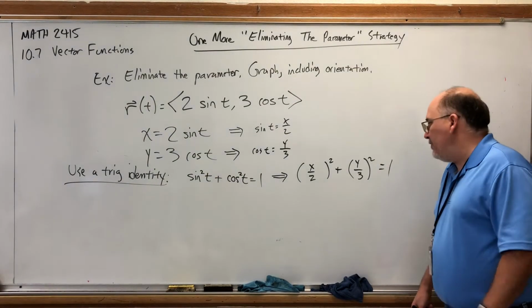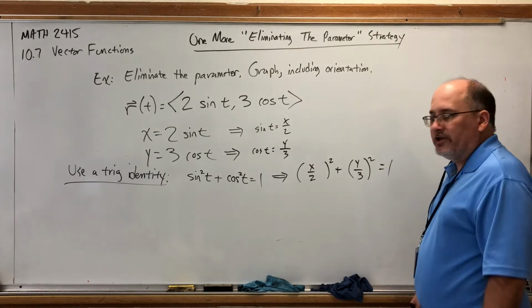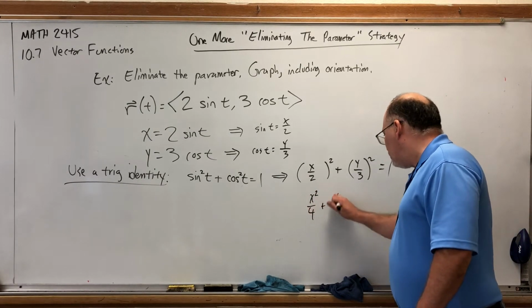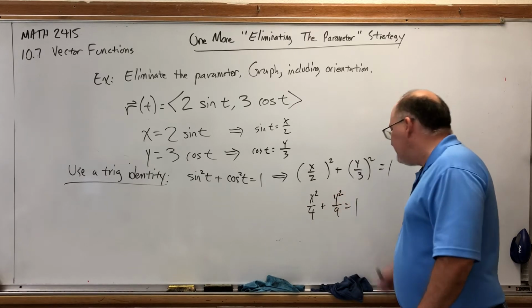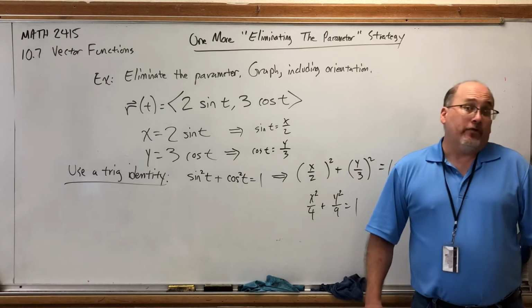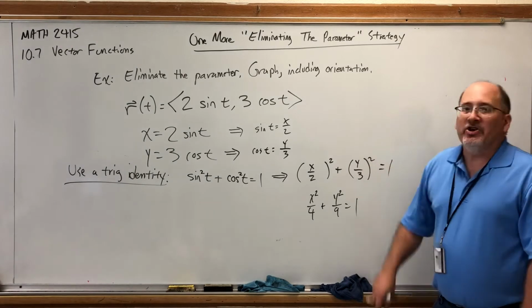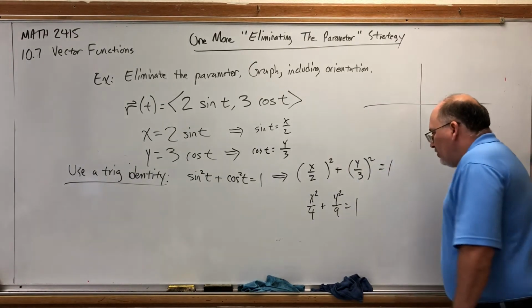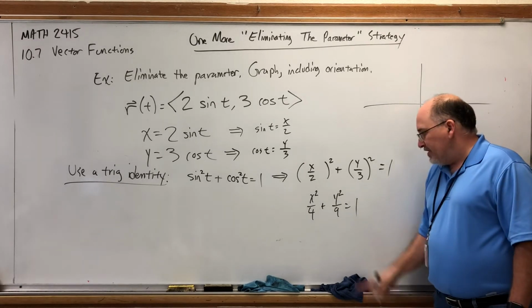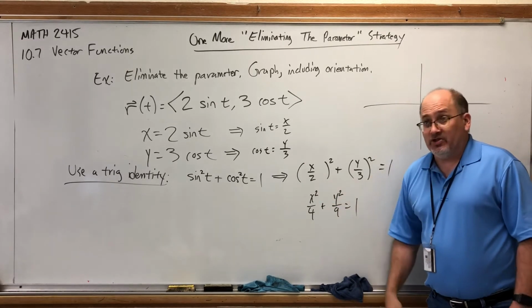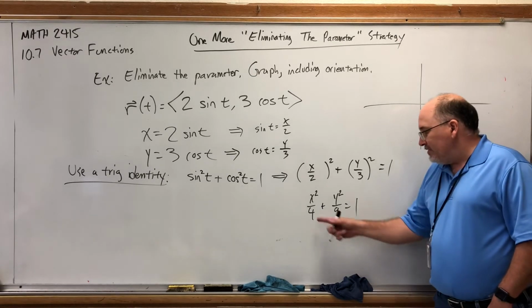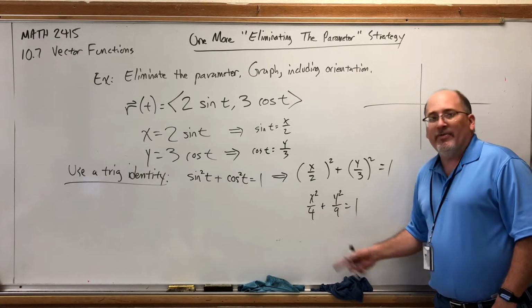It might look more familiar if we distribute the square across both sides of the fraction and get x squared over 4 plus y squared over 9 is equal to 1. If you recall from Thursday, that's the equation of an ellipse. And remember, if it's centered at the origin because there's nothing being subtracted from the x and the y, then you can locate your x and y intercepts by simply taking the square roots of the denominators.